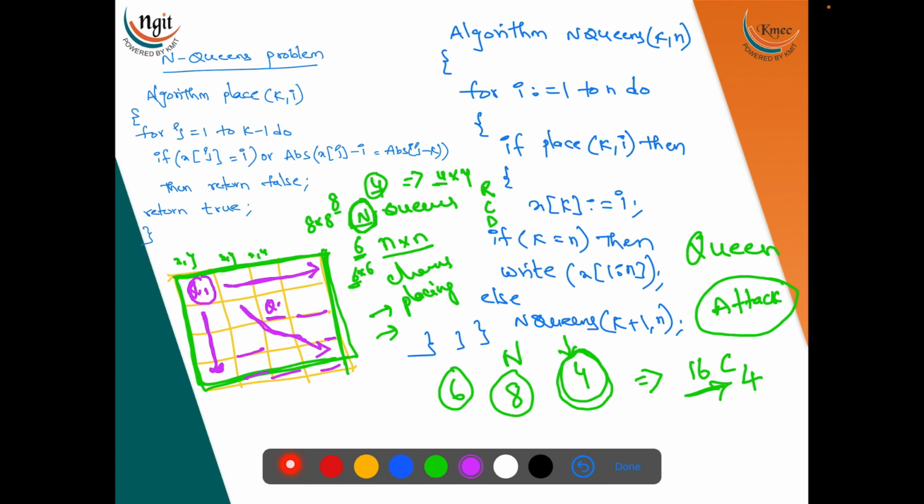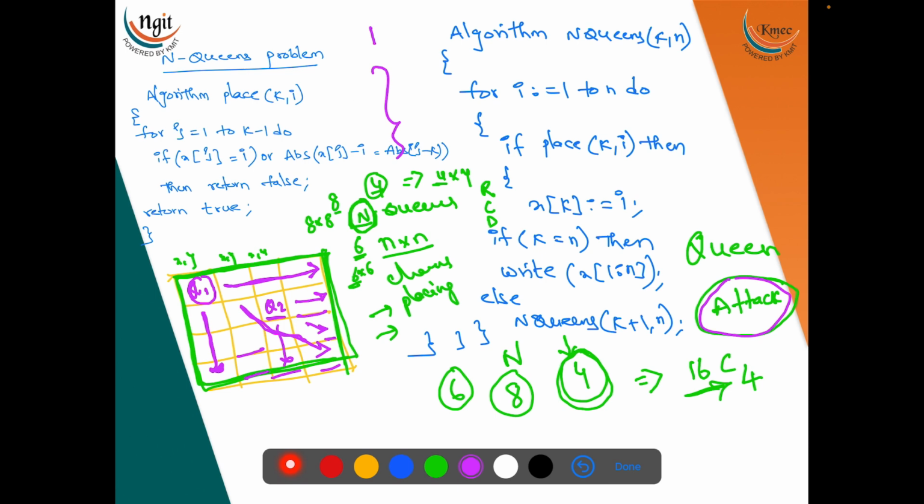Let's assume I am placing q2 here. Then again q3 cannot be here, cannot be here, and even q3 cannot be here. So while placing a queen on the chessboard, you have to keep these constraints in mind so that you do not have any attack. That's what no attack means.